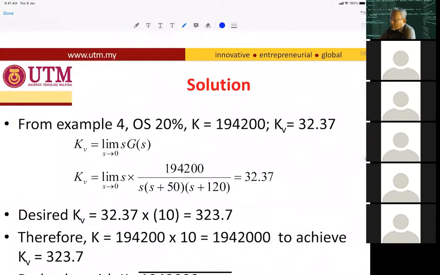So the solution for 20% overshoot is K = 194,200 and Kv = 32.37, which can be calculated from the formula or obtained from the Bode plot.